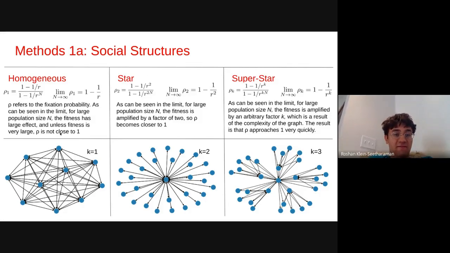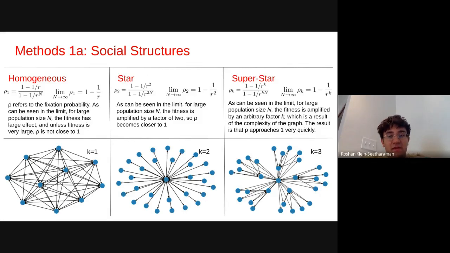For the first one, the probability is 1 minus 1 over r, whereas for the star, it's 1 minus 1 over r squared. And if r is a fitness, squaring it, since it's greater than 0, will naturally make it larger.